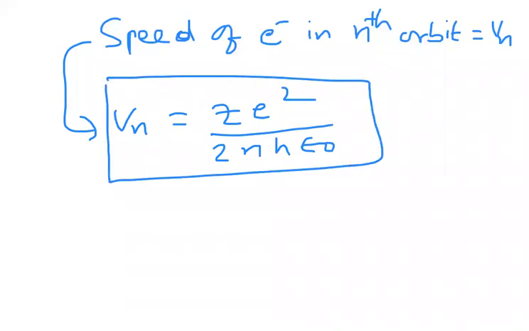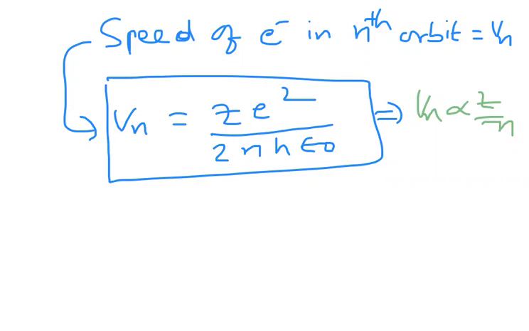Or I can also write Vn is proportional to Z by n. Remaining all our quantities are constant: e is constant, h is constant, epsilon naught is constant. So I got Vn is proportional to Z by n.